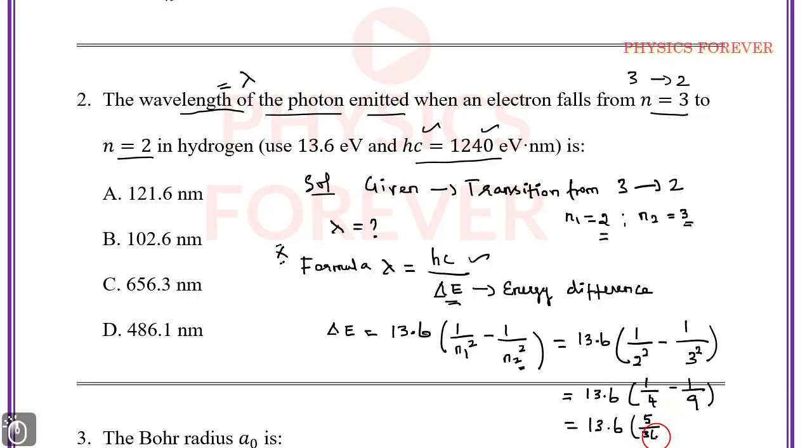Okay, do you understand? 9 4s are 36, and 9 minus 4 gives 5, so we get 5 by 36.